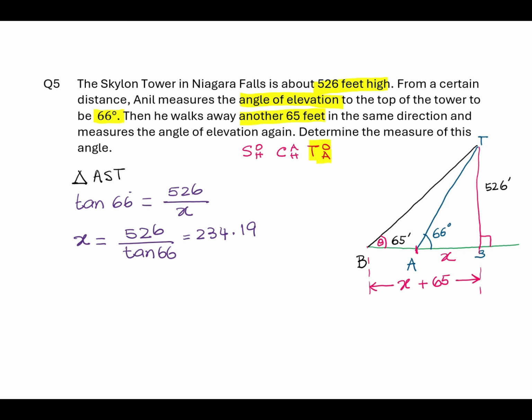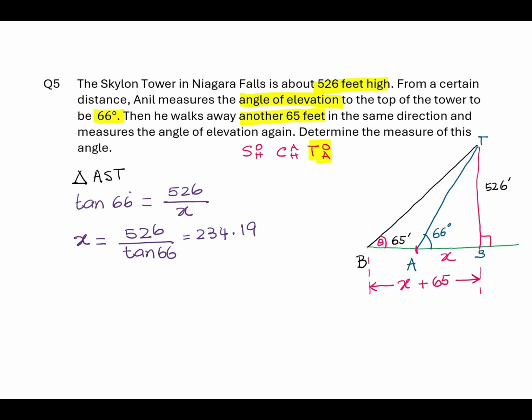This is also a right angle triangle. And in this triangle, we know now that BS, this distance is x plus 65, which is 234.19 plus 65, correct? So we'll add 65 to this, and we know it is equal to 299.19. Clear? So that is the base BS.